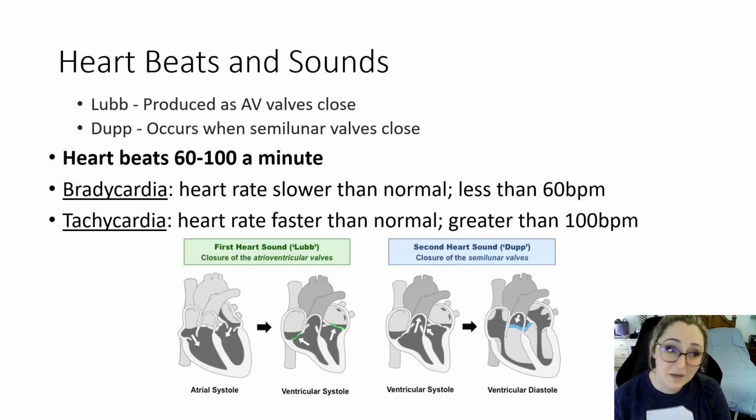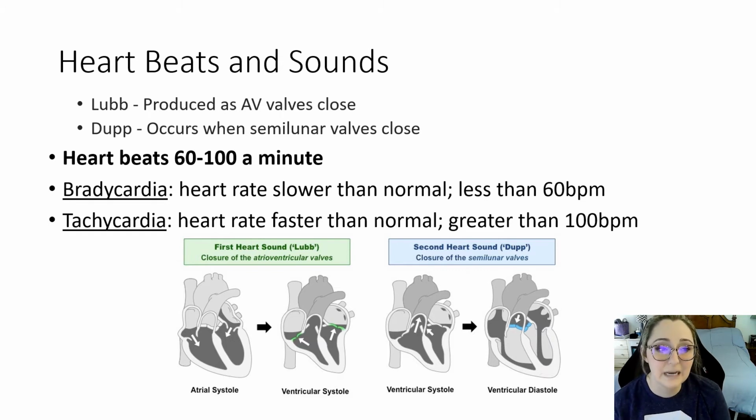So, as I promised, heartbeat sounds. So lub is going to be produced when your atrioventricular valves snap shut, and dup is going to occur when the semilunar valves close. So, as I said, those valves, when they relax and contract due to the papillary muscles and the chordae tendineae, when they close, it's literally snapping shut.